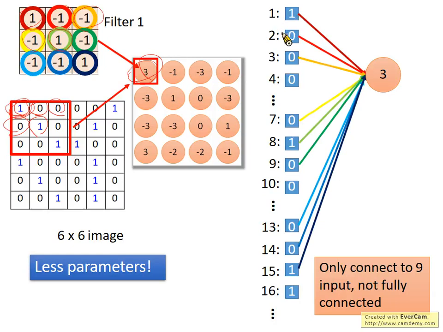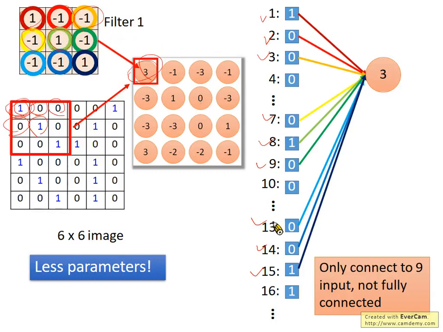In the first convolution, we only conduct the process on the first, second, third, 7th, 8th, 9th, 13th, 14th, and 15th pixels. The parameters that multiply these 9 pixels are these 9 values, which are 1 or -1.